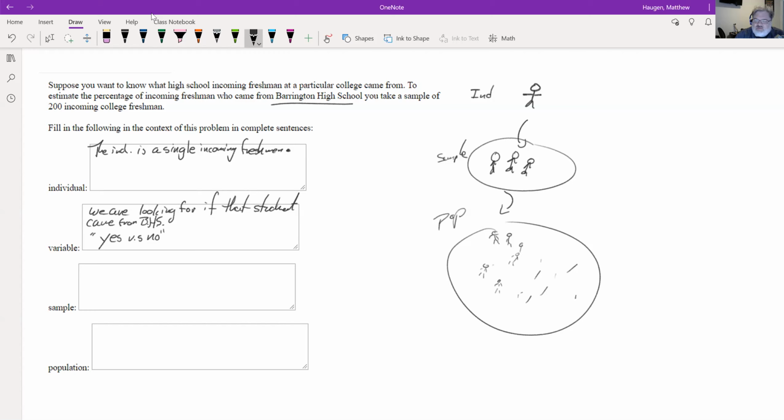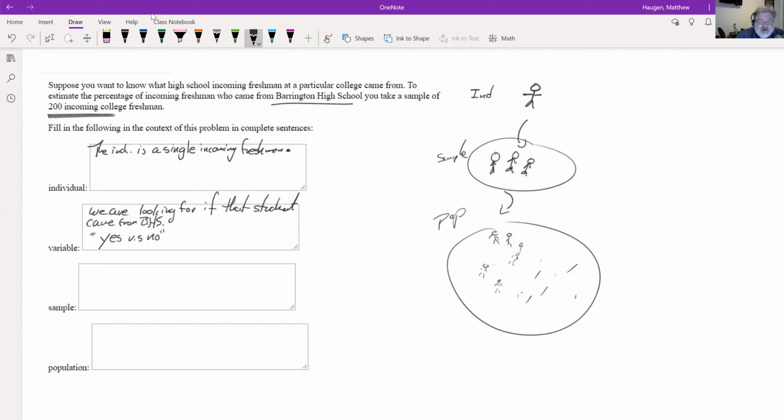Sample usually went fairly well. Again, the biggest thing with a lot of these was it's got to be in a nice complete sentence. Not even a nice complete sentence, just a complete sentence. So what's the sample here? Well, the sample are these 200 incoming freshmen.